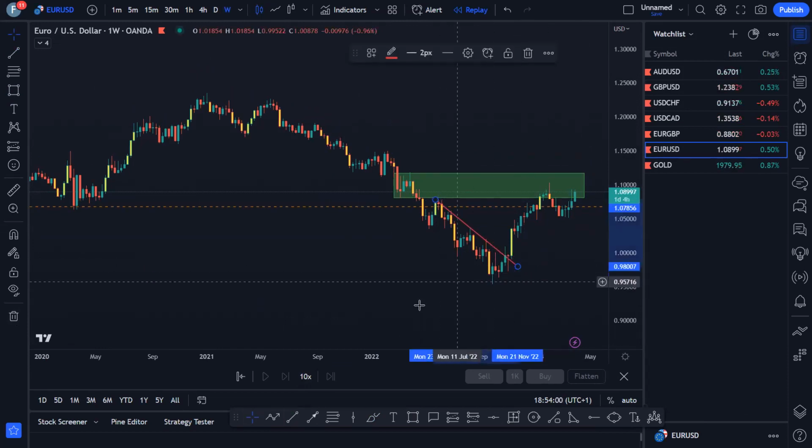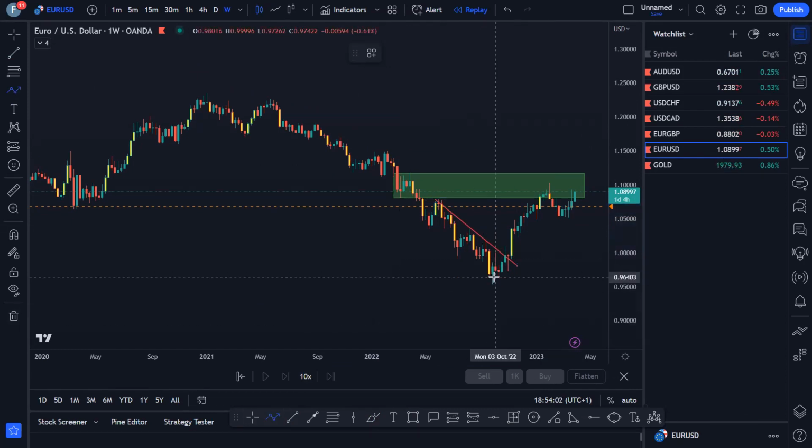I see trend line liquidity, price grabbing the liquidity. So over here, we can start looking for sell opportunities in this zone.